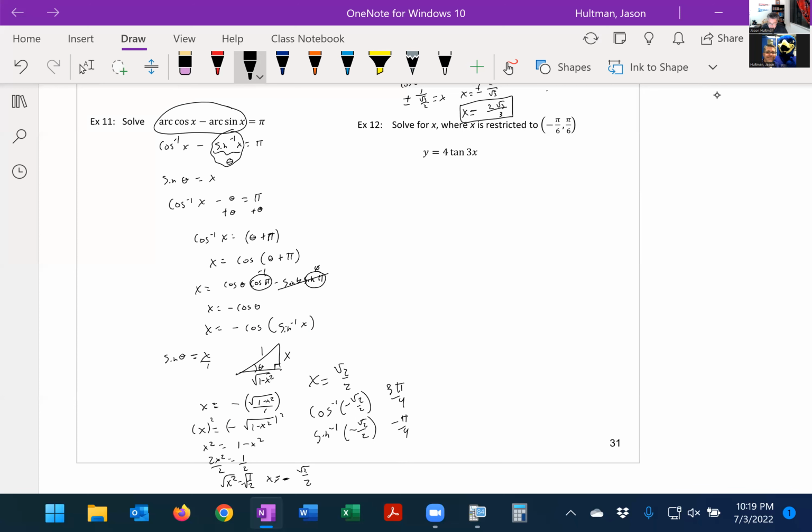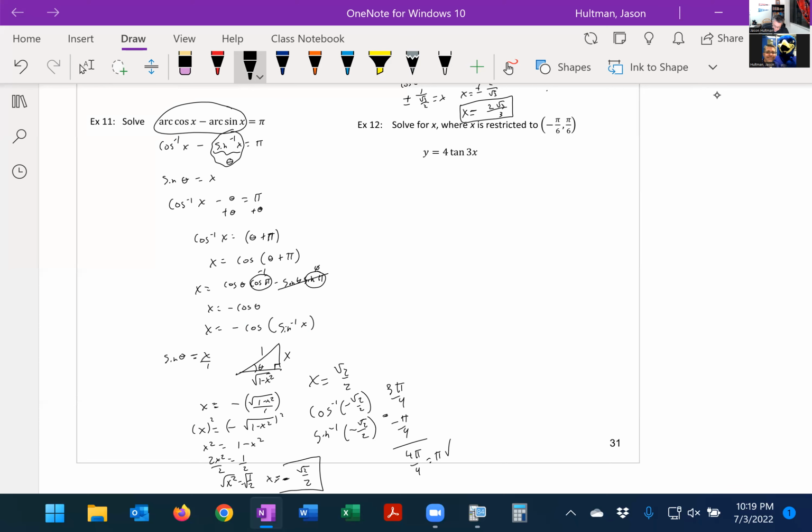We could call it 7 pi over 4, but I'm going to call it negative pi over 4, because when I subtract these two, that means I add pi over 4, and 3 pi over 4 plus pi over 4 is 4 pi over 4, which is pi.